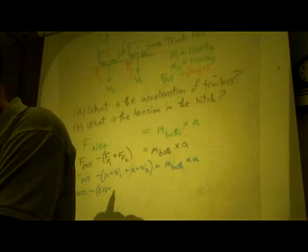I'm just going to put numbers in now too. So F pull was 3,000, minus the coefficient of friction, 0.10, times weight. And weight is mass times gravity.